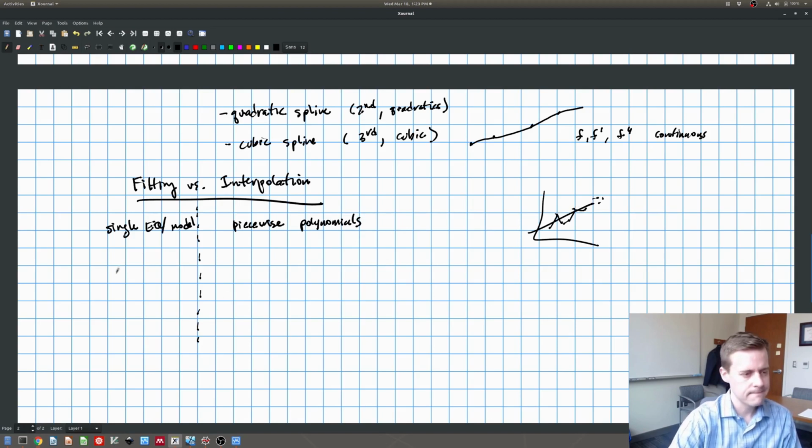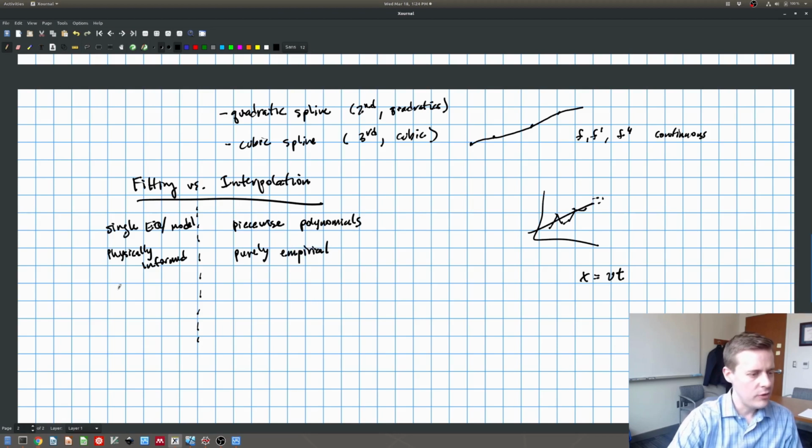Cutting everything, okay? Usually in fitting, this is physically informed. Okay? So there's usually some, it really is a model, right? So we had this equation last time that was x is equal to vt, all right? Interpolation is almost always purely empirical.